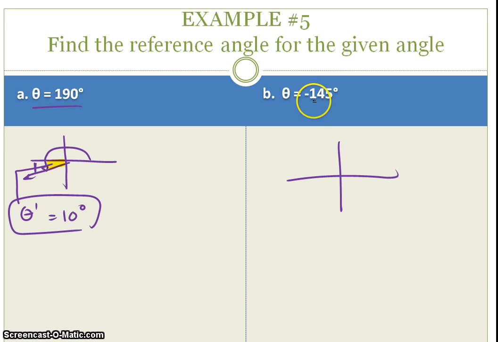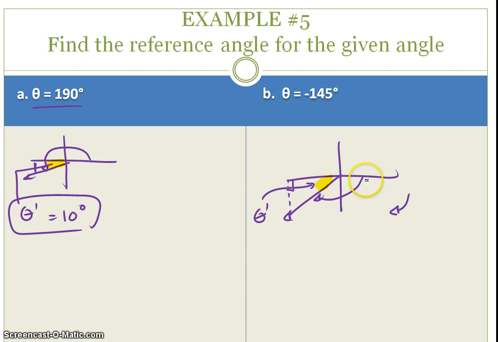So here we have a negative 145, so we're going to go in the clockwise direction, minus 145 degrees. So we're going to go this way. So here's my terminal side. We always draw from the terminal side a perpendicular to the x-axis. And then the reference angle is the angle between the terminal side and the x-axis. So here is my reference angle theta prime.